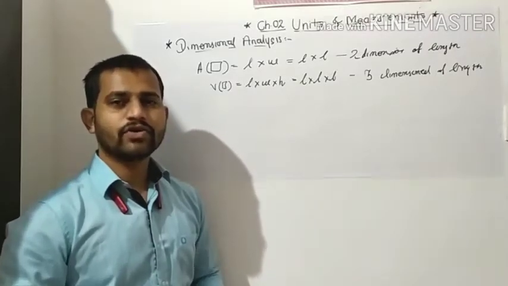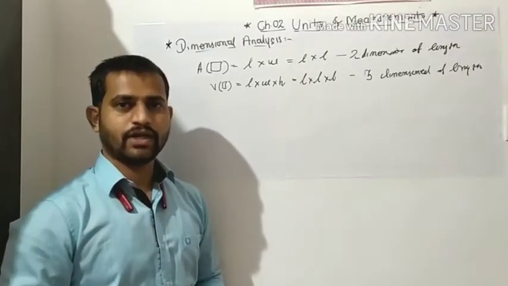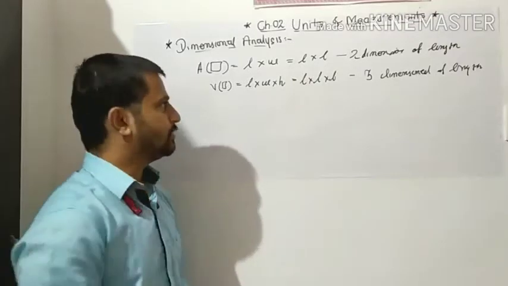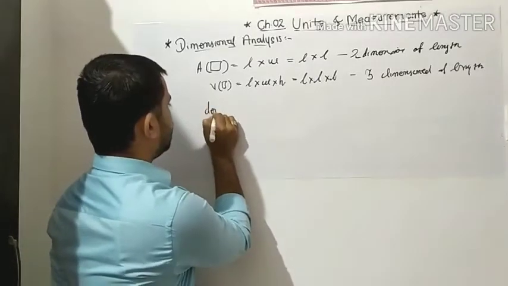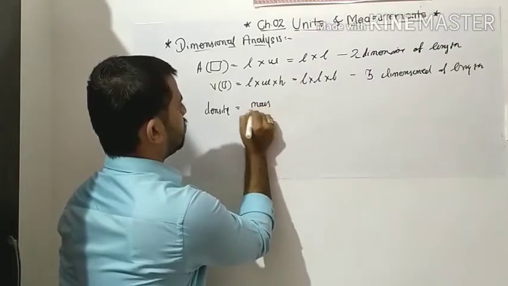But there are also some quantities which depend on more than one fundamental quantity. Like density. Density is equal to mass upon volume.